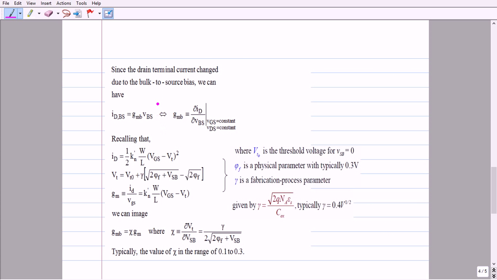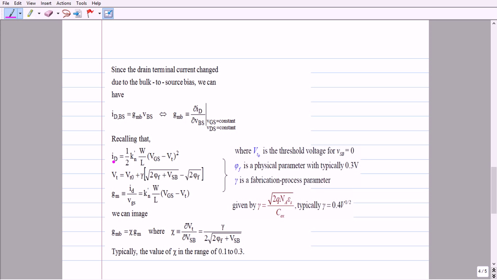Since the drain current changes due to the bulk to source bias applied, we can write GMB equals dou ID by dou VBS, keeping VGS and VDS constant. From this, we can define the body transconductance. The body transconductance is the change in drain current for the change in bulk to source voltage.